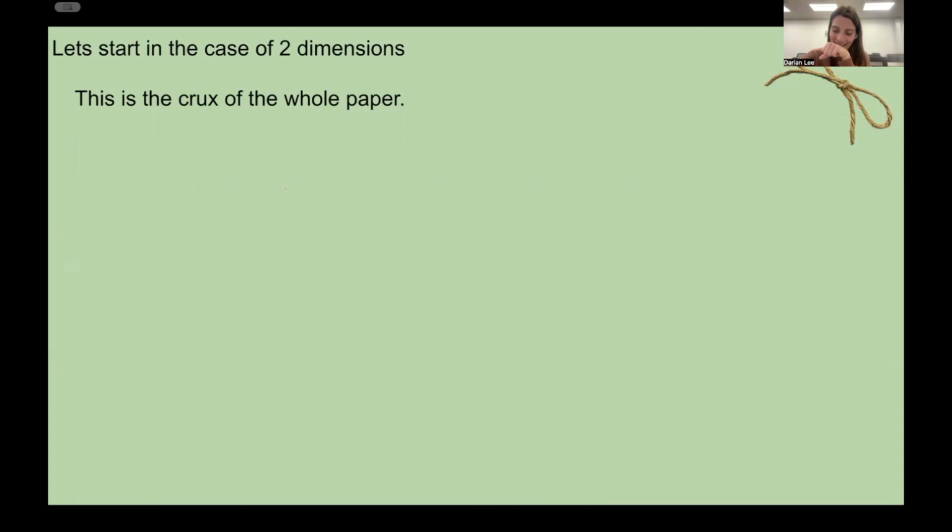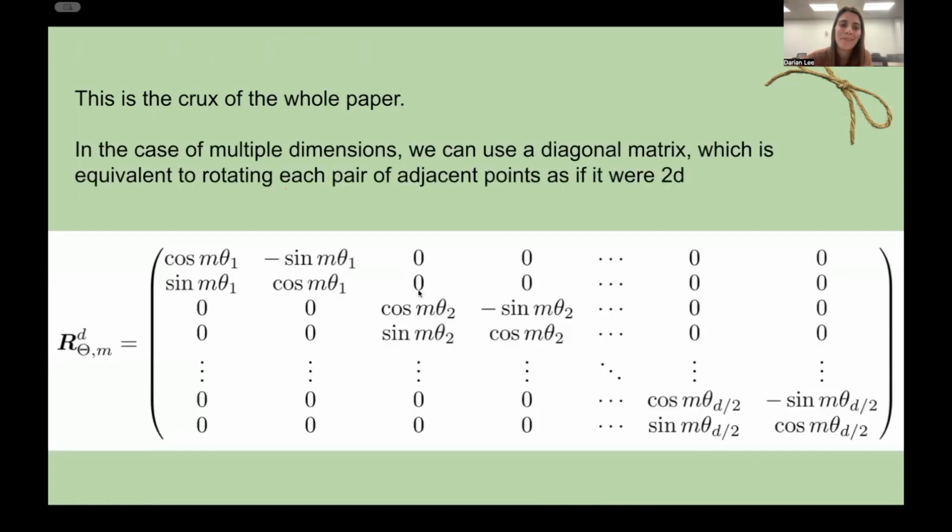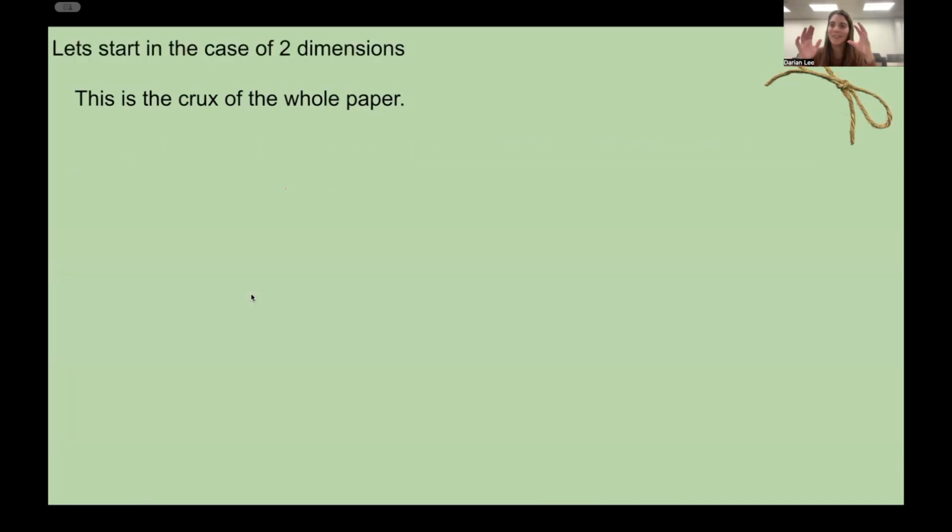I guess whoever wrote the paper agreed with this, and so they decided to define it rather than the whole dimension rotating. We're just going to break each embedding.